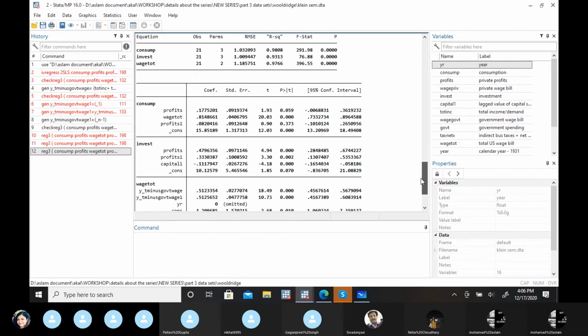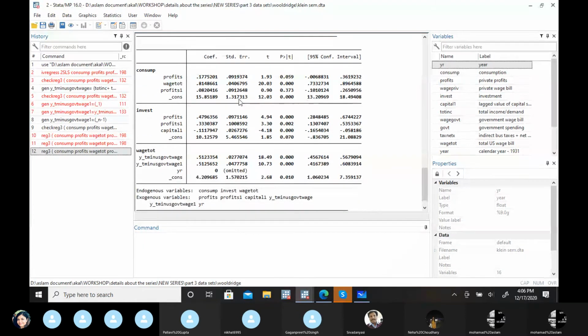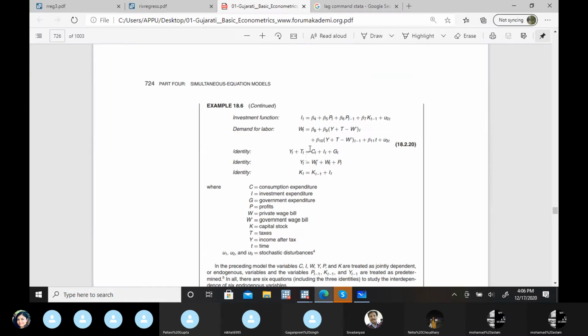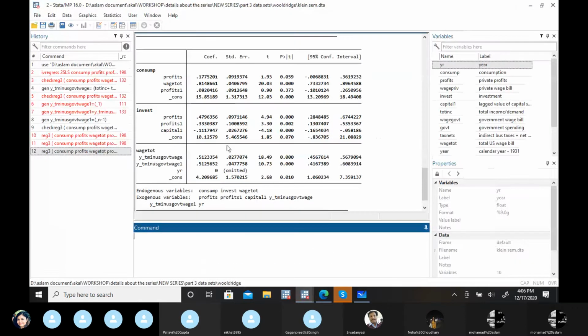So now you have the coefficients for these three equations. This is 2SLS. In the end, it is only giving you endogenous and exogenous variables for the equations I have specified, not the book part, because in the book there are three other variables. But according to our equations, it's specified. Here they have omitted because of perfect collinearity.